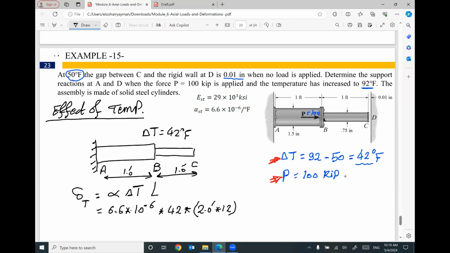I'm going to multiply it by 12 to be in inches. So the total thermal axial deformation is 6.6 times 10 to the power negative 6 times 42 times 2 times 12. I got 0.00665 inch.